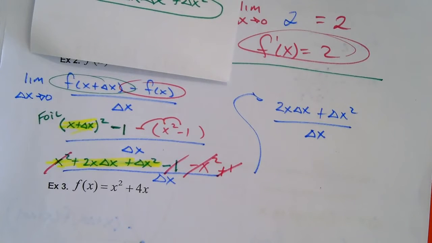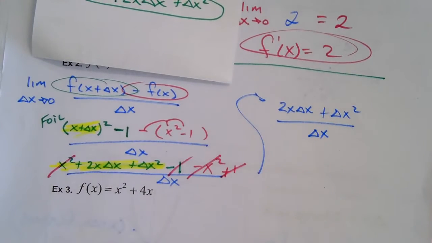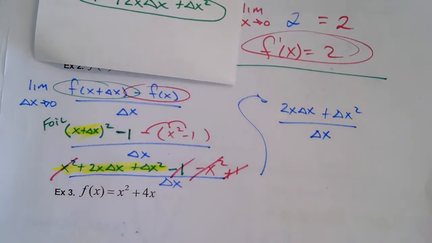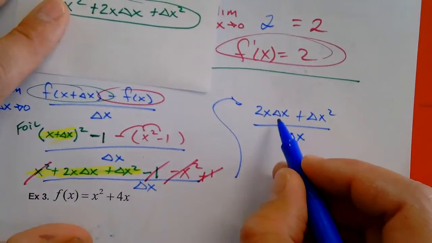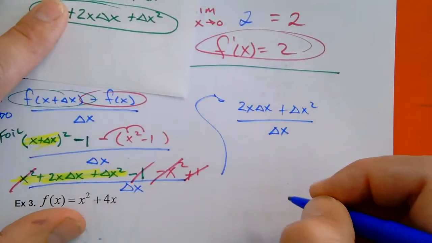Okay? All right. Can I plug in 0 right now for the limit? Still can't do it. I got to get rid of this delta x. Well, what can I do on top? What do these have in common? That's x. I could do one of two things. I can factor out a delta x, or I could just reduce everything by a delta x.